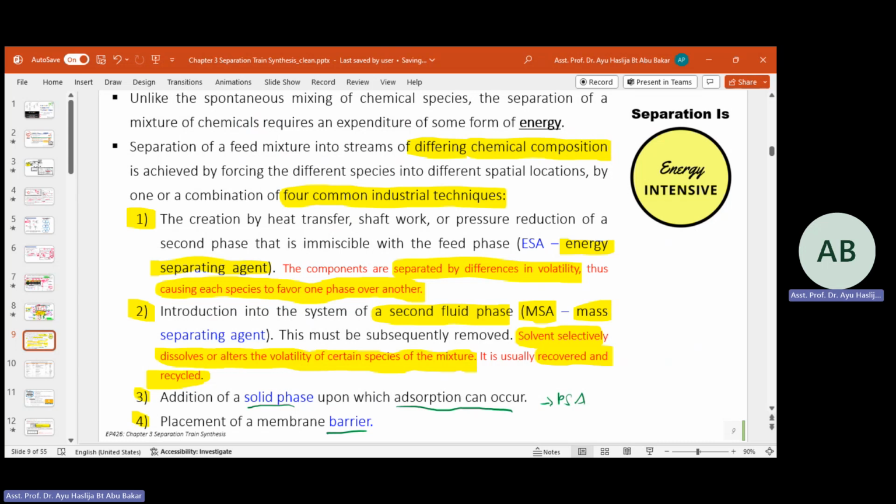Now the membrane barrier separation process. What is the concept of the separation process over there? Distillation, we base on different boiling point. Membrane, osmosis, pressure. Correct?